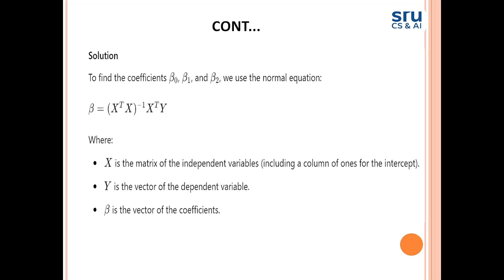We use the normal equation: beta is equal to (x transpose into x) whole inverse, into x transpose into y, where x is the matrix of independent variables. It includes a column of 1s for the intercept. Y is the vector of the dependent variable. Beta is the vector of coefficients.